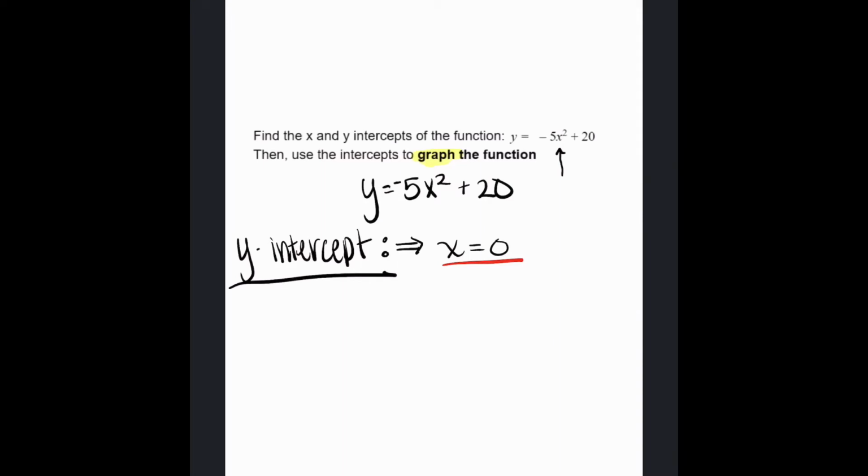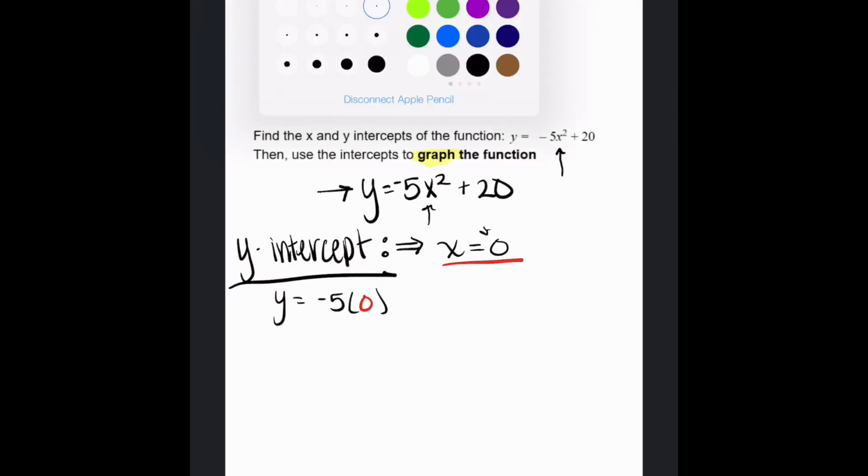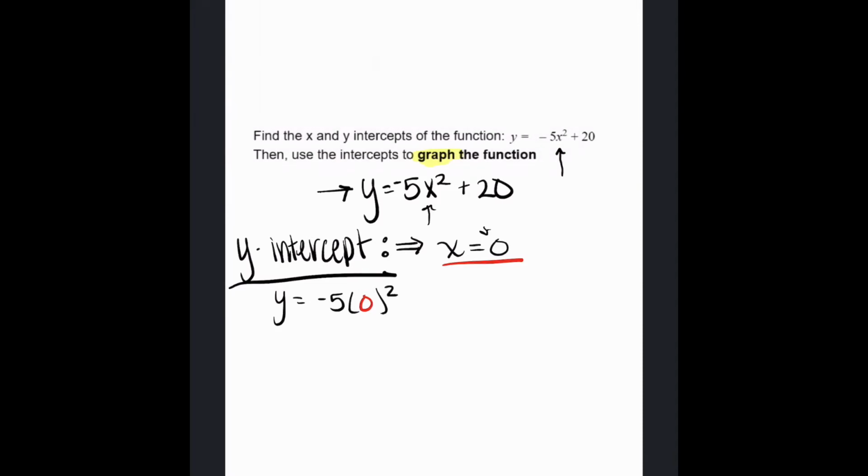Okay, so what we're going to do is rewrite this equation, but instead of x, we're going to plug in a 0. So I have y equals -5, but instead of x squared, we're going to do 0 squared. So 0, then to the second power. We know that 0 to the second power is just 0 times 0, which is just 0. Okay, so we plugged in 0 for x. Next, we would do this exponent, which is 0 to the second power, which is just 0.